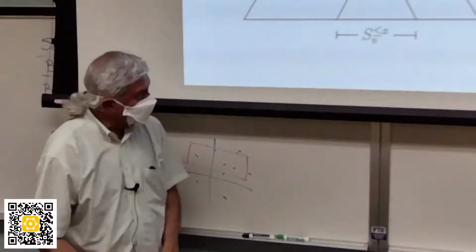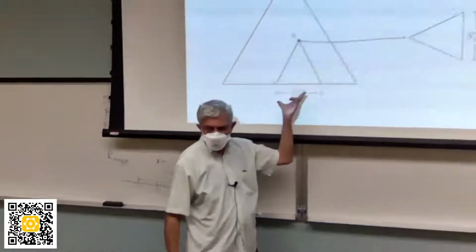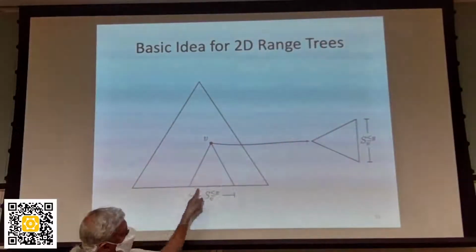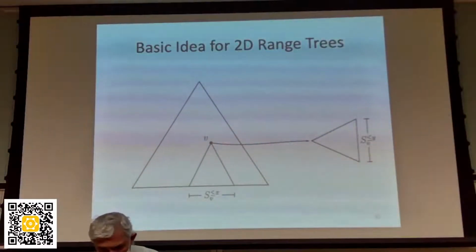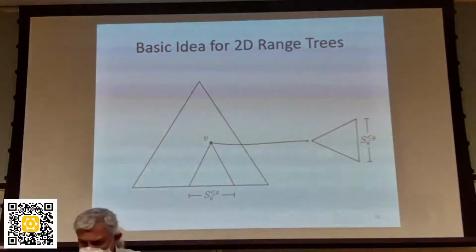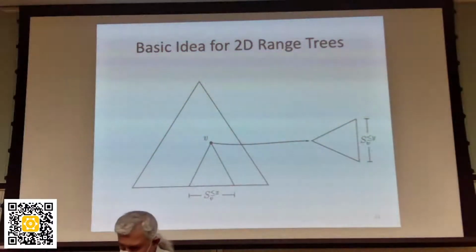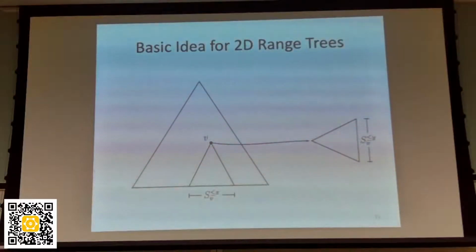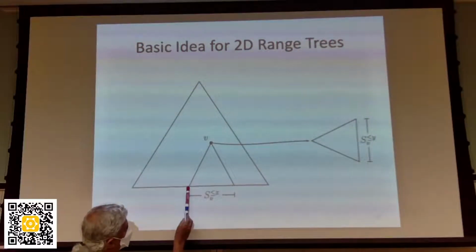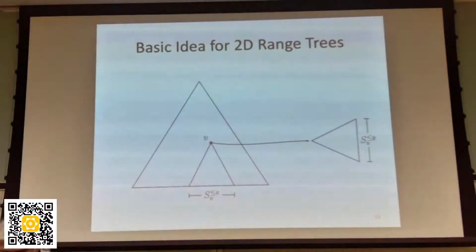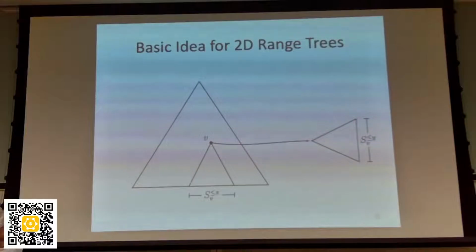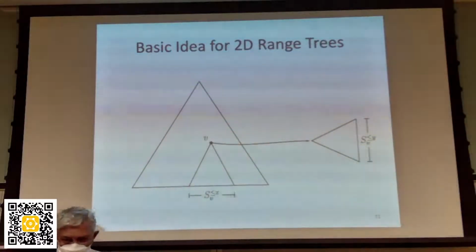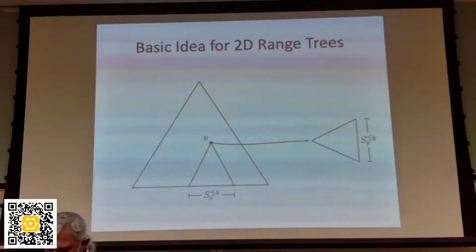So here's what you do. You take all the points that are in this subtree. Remember, every node in this binary search tree corresponds to a subtree. Subtree corresponds to a set of points that are in a range. And the range is everything between this value and this value, right? So every node defines a range of x values.